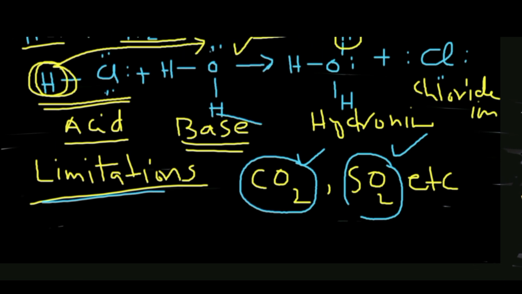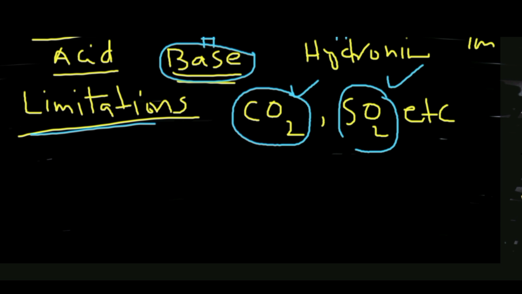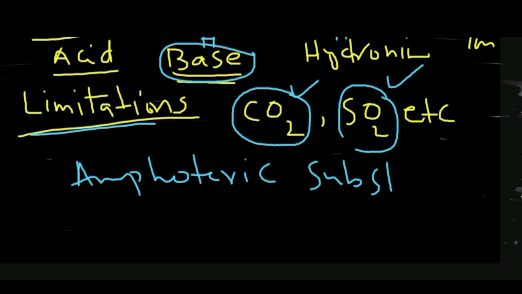Now we see that here water is the base, but water also behaves like both an acid and a base. So we can say that substances which behave as both acids and bases are called amphoteric substances. In this case, water is an amphoteric substance because it behaves like both an acid and a base.